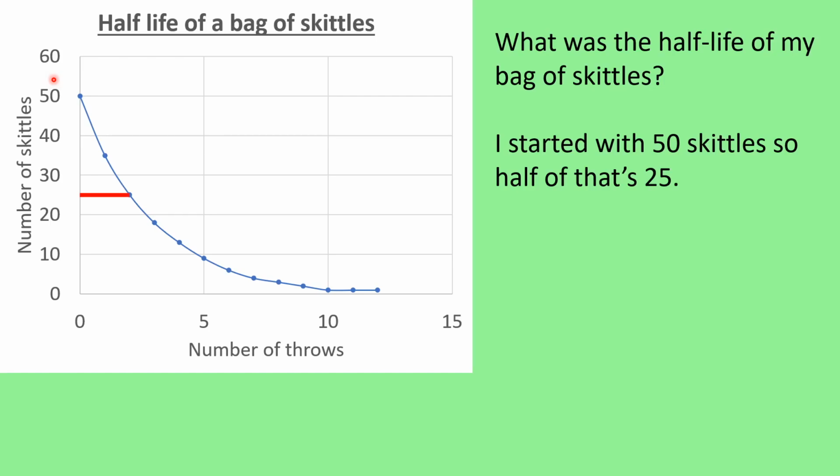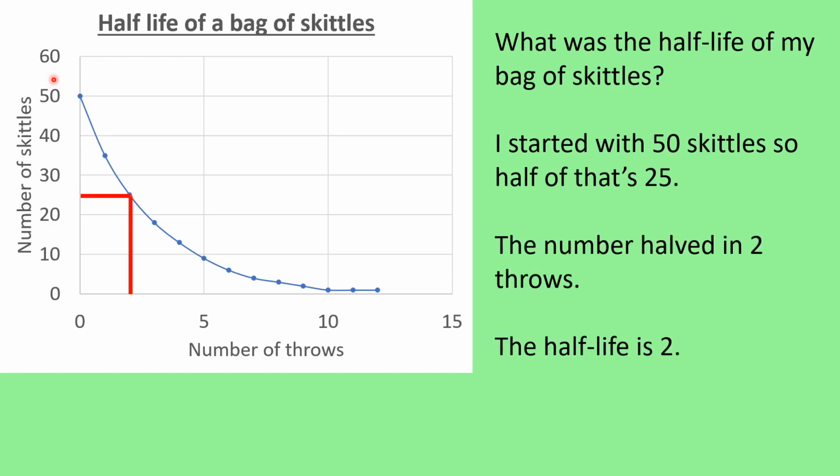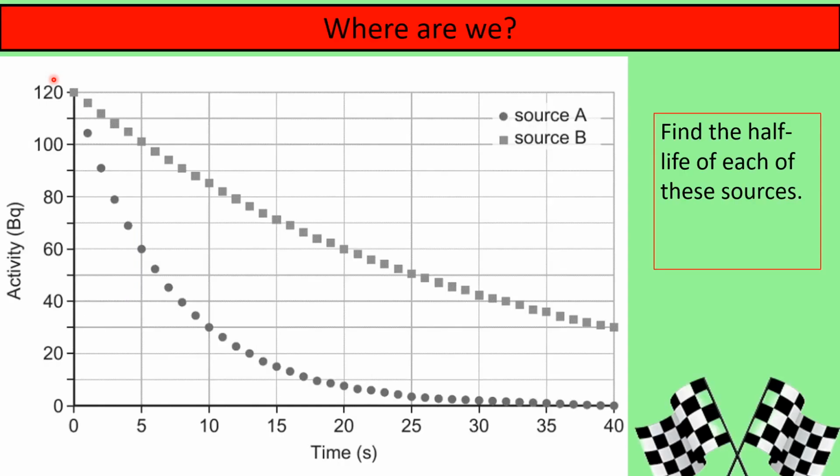And then when it meets the line of best fit, draw a line down, and we see that it comes down to about 2 throws. So the half-life of this bag of Skittles is 2 throws. So after every 2 throws, we would expect the number of Skittles left to halve. So pause the video now and see if you can work out the half-life of each of these sources.